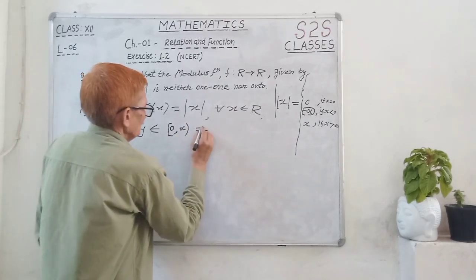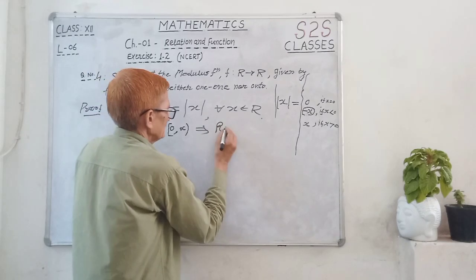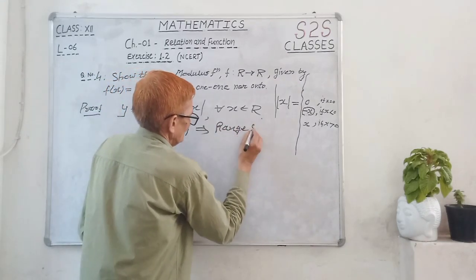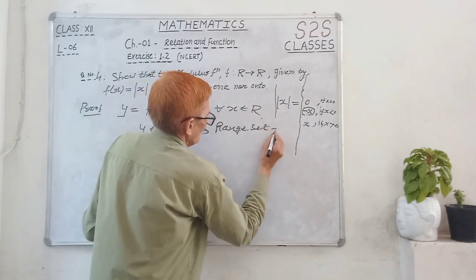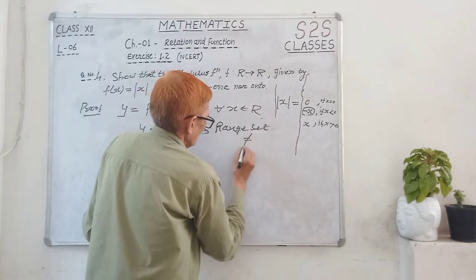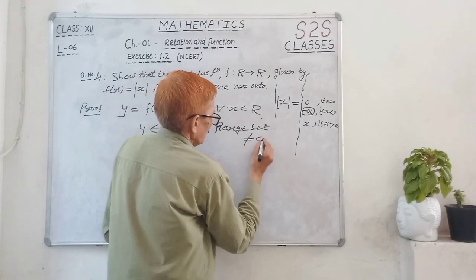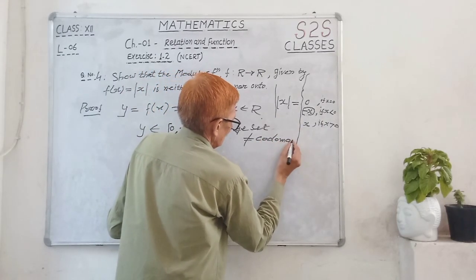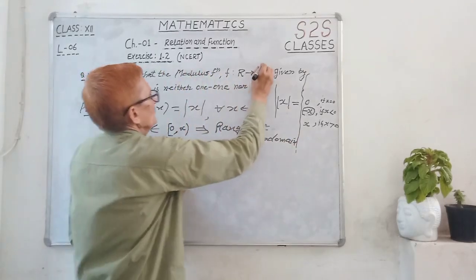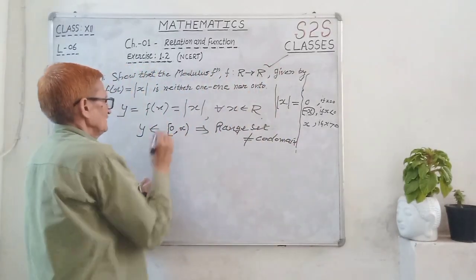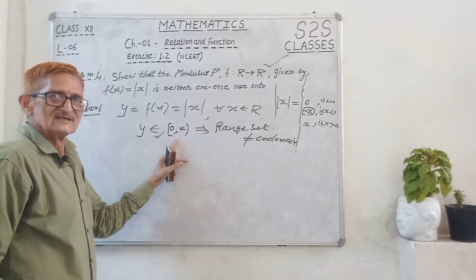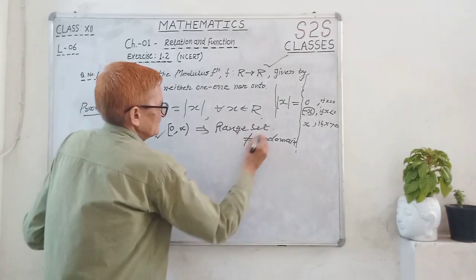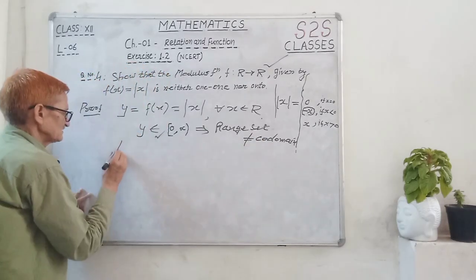So this implies the range set is not equal to the codomain, because the codomain is the set of real numbers, and this is only the positive real numbers with 0. So the range set is not equal to the codomain.